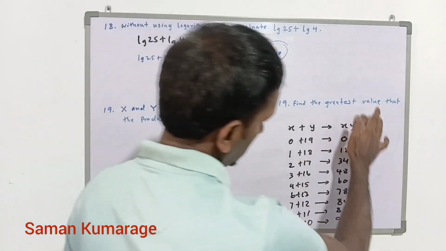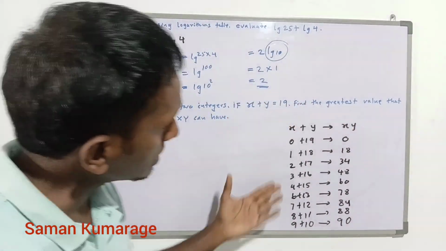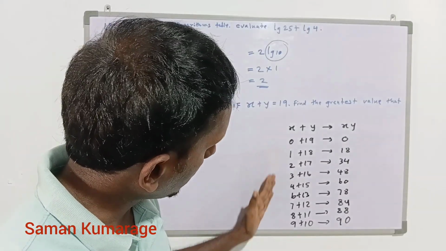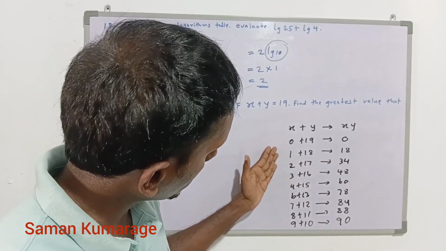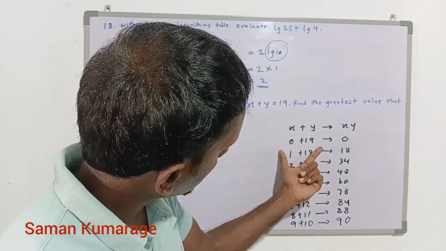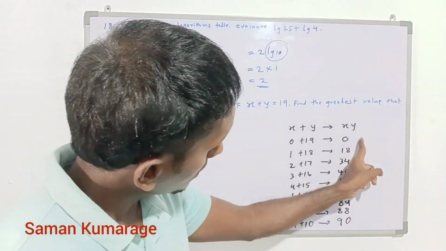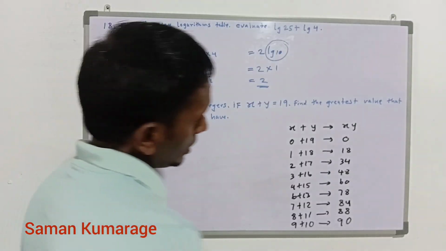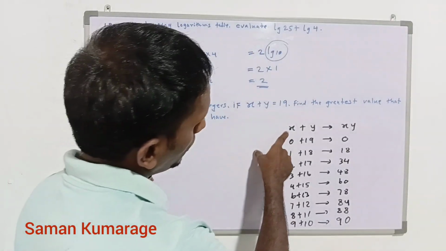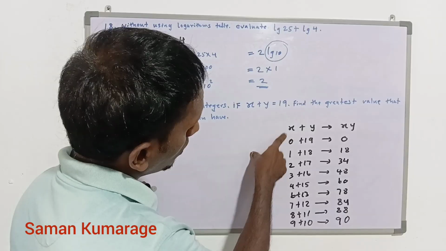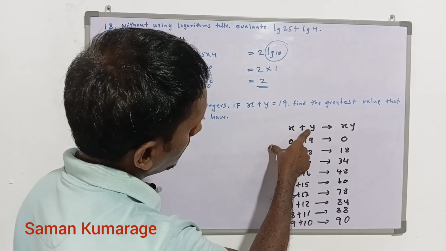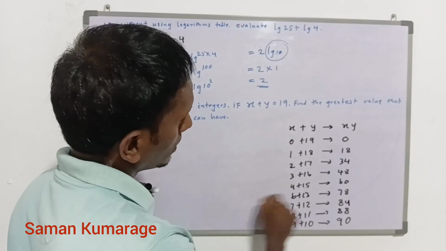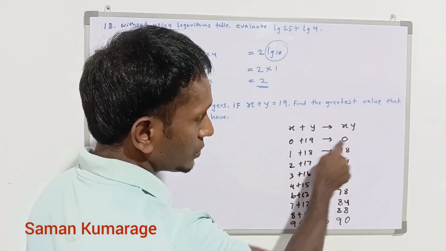I have already written here some values whose sum is equal to 19, with the product for each. If you take 0 for x and 19 for y, the sum is 19, but the product is 0.